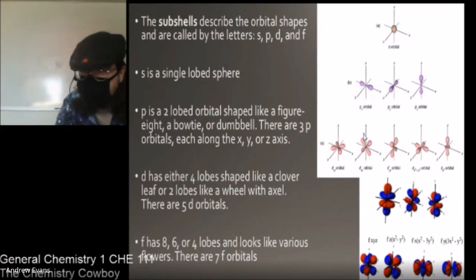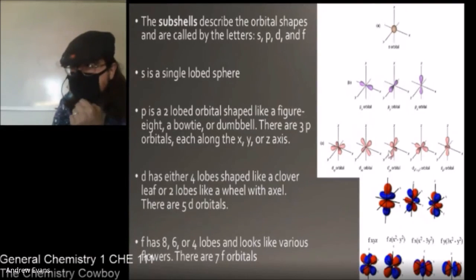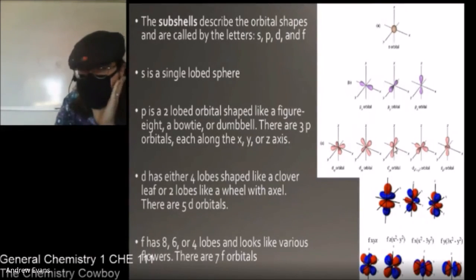Then we get to D's, which get even more complicated. D's typically have 4 lobes. We go from 1 lobe, to 2 lobes, to 4 lobes. There are 5 distinct D's, going in 2 dimensions: XY, XZ, YZ, X squared minus Y squared, and Z squared.